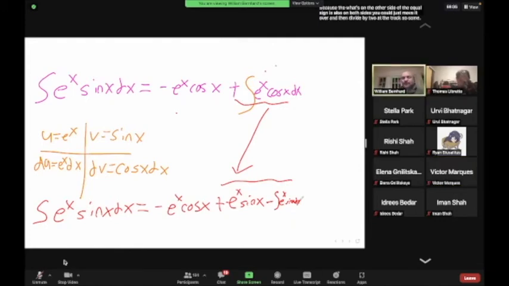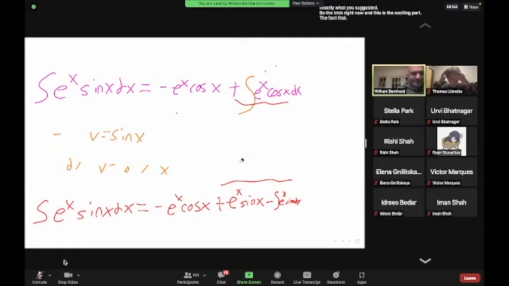So some people find it upsetting to get the same thing back again. And you're like, well, I'm going to go in a vicious cycle. But if you write the original question here and you keep saying what it's equal to, we do exactly what you suggested. So the trick right now, and this is the exciting part, the fact that the same integral came about again is not so terrible after all.